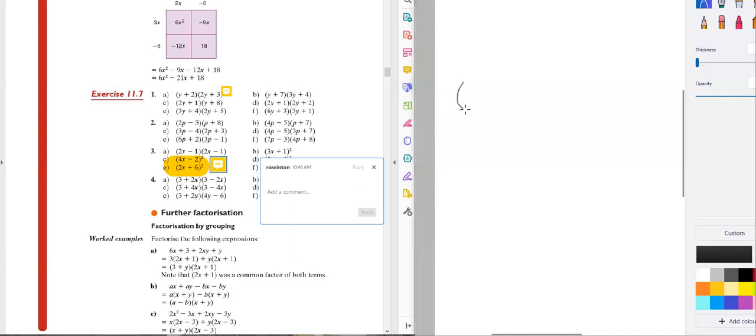You see, it's actually 2x plus 6 multiplied by itself again, which is 2x plus 6. Okay, if you can do that, then the first one needs to time the first one, the first one needs to time the second one, and the second one needs to time the first one, the second one also needs to time the second one.